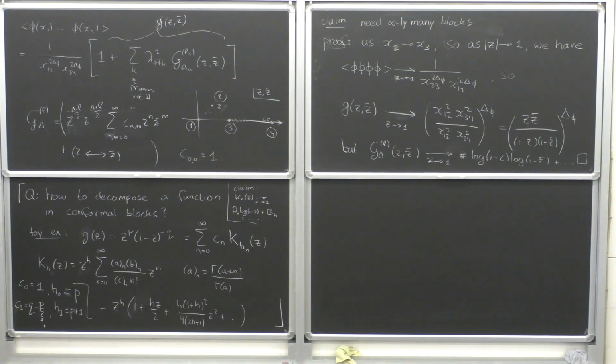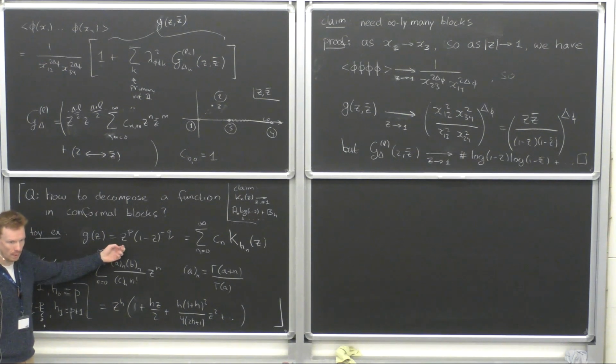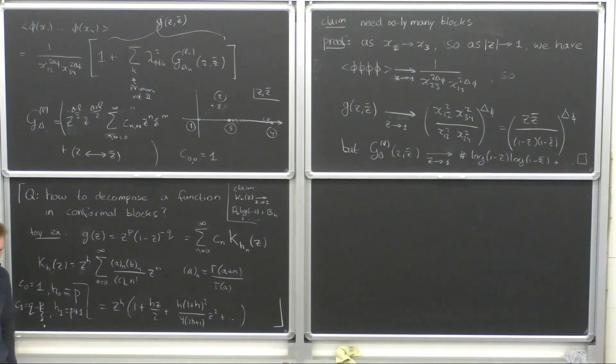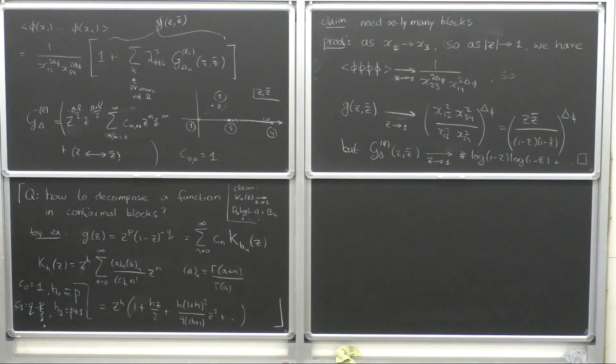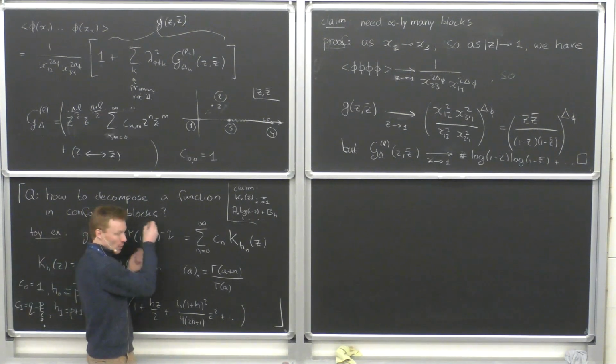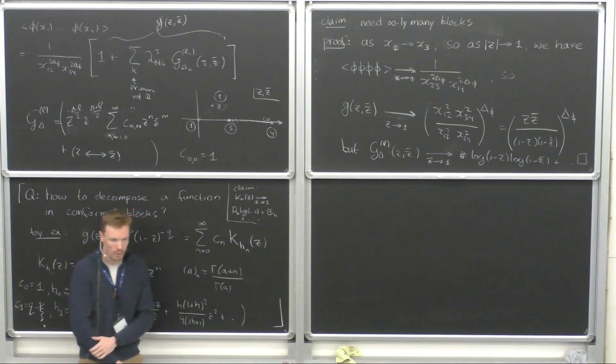I am just taking the series expansion around z equals 0, and from that I can try to decompose it term by term. So as long as it's a function that has a good generalized power series expansion around z equals 0, and by generalized power series I mean not just integer powers but fractional powers, and it converges, say, for z between 0 and 1, then I have a good conformal block decomposition. Because then it's basically a reshuffling of the generalized Taylor series expansion into blocks.